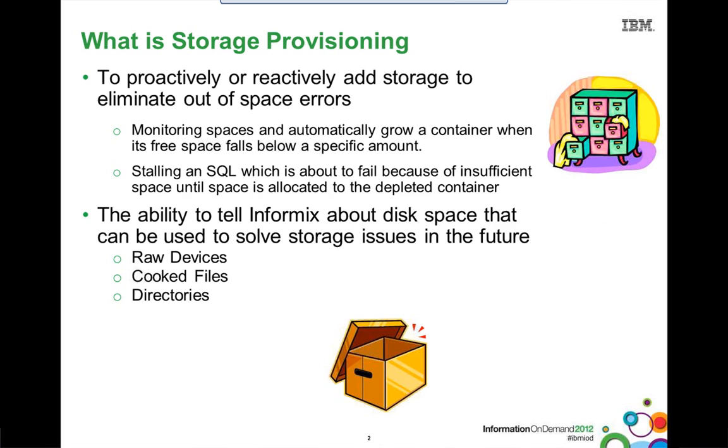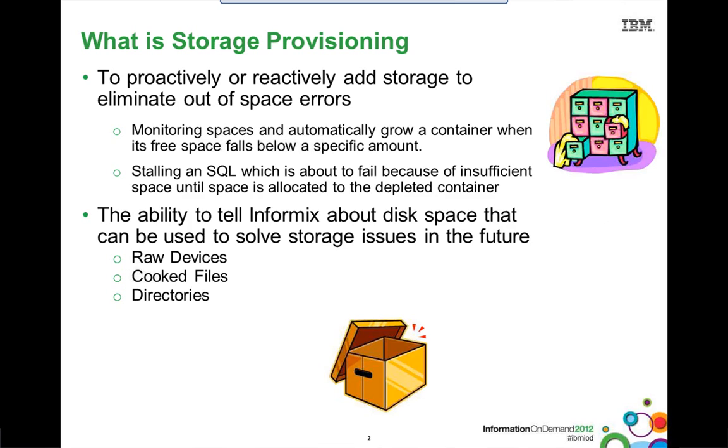But there's always a window between when you look and when you need the space. And so there's actually a reactive method as well, which says, I ran out of space, but instead of returning an error to the user in the application or large batch job, I want to put a small stall and go ahead and allocate space and then continue the operation.